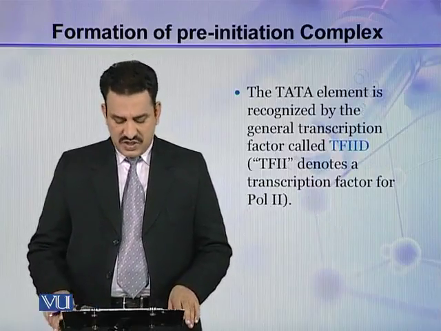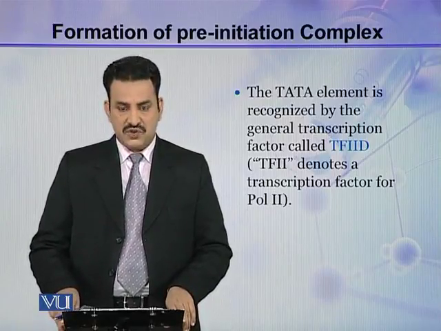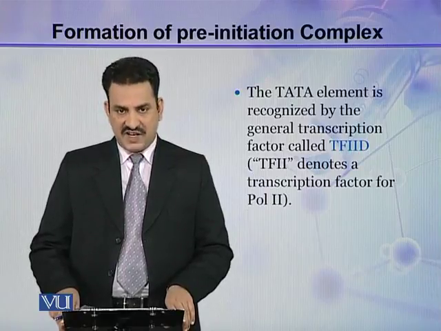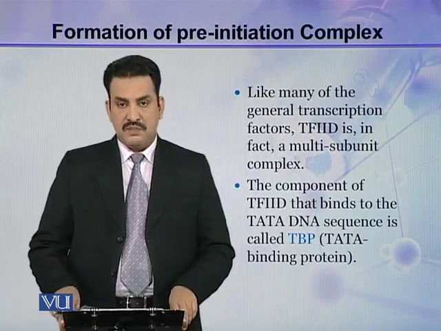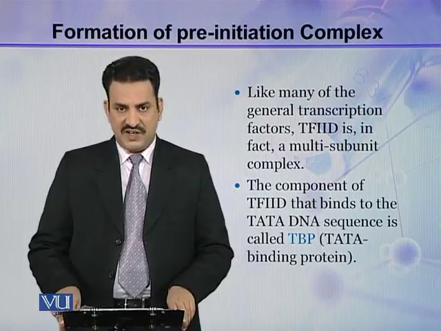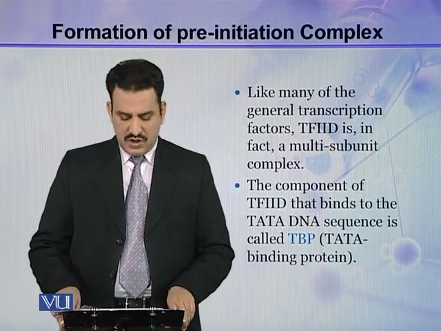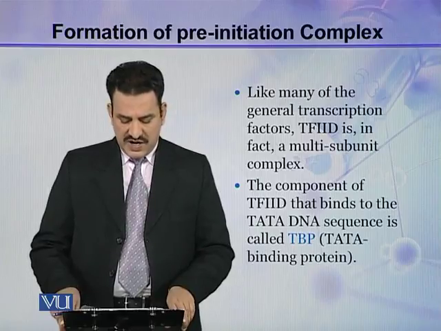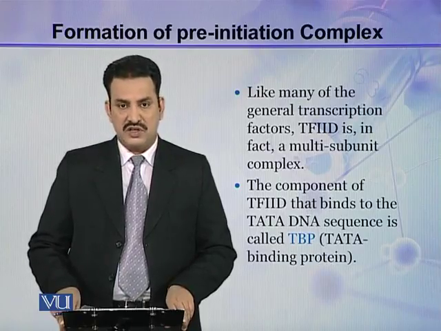The TATA element is recognized by the general transcription factor called TFIID. TFII stands for transcription factor for polymerase II. Like many of the general transcription factors, TFIID is in fact a multi-subunit protein. The component of TFIID that binds to the TATA DNA sequence is called TBP, which is TATA binding protein.